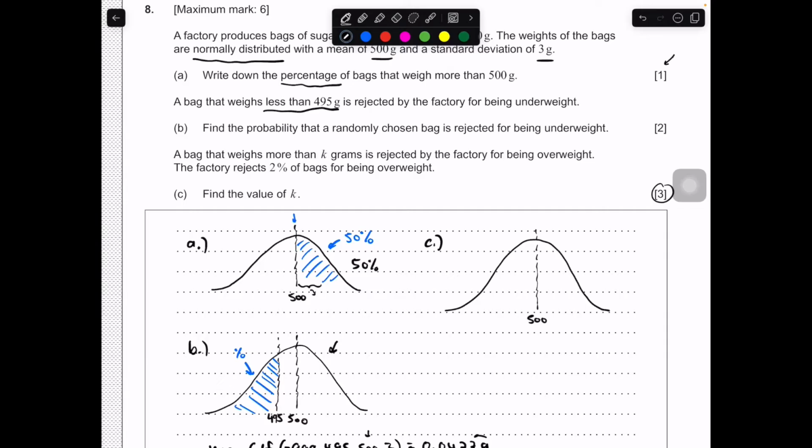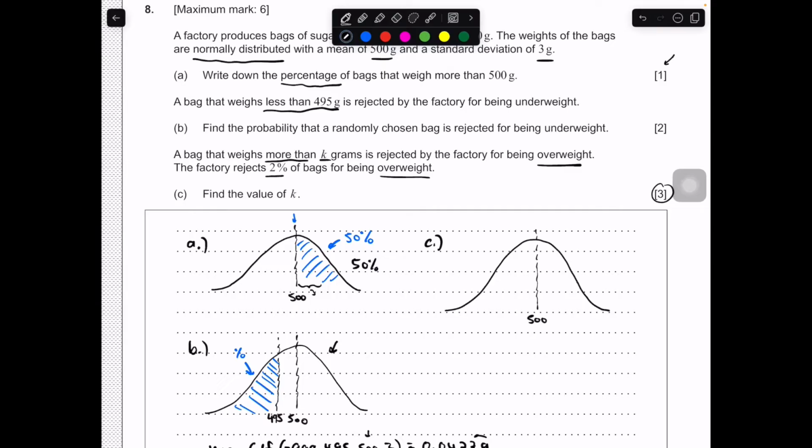So a bag that weighs more than k grams is rejected for being overweight. The factory rejects 2% of the bags for being overweight. In this case, we're looking for a cutoff point and not a percentage. We have the percentage. If it weighs more than k grams, it's rejected, and 2% are rejected.